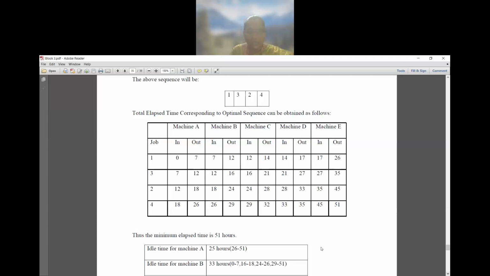In this table, the first column denotes the job values, and we write the job values in the optimal sequence order, that is 1, 3, 2, 4. Then machine A in-out values, machine B in-out values, machine C, machine D, and machine E in-out values.